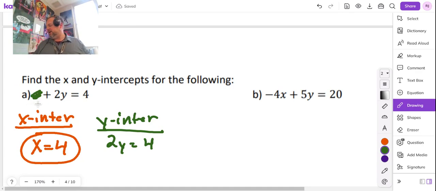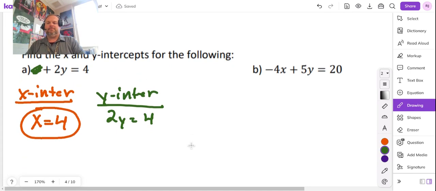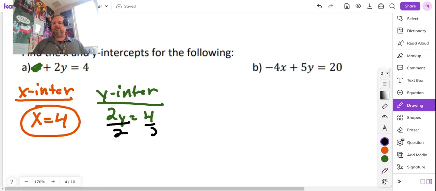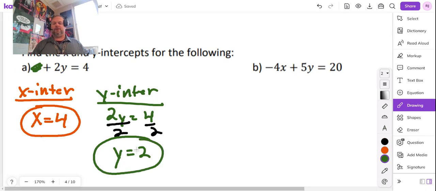If you need to, I can give you Post-it notes. Those help too. So how do we solve this one? I told you we're going to do the same steps each time to solve. Awesome. Divide. And that's it.